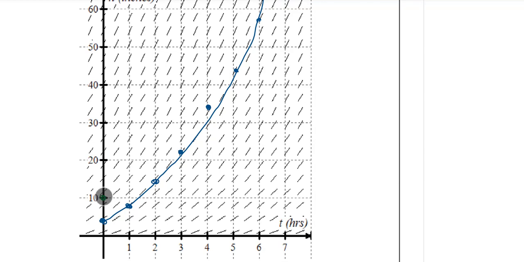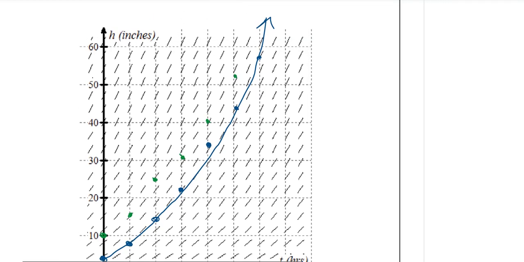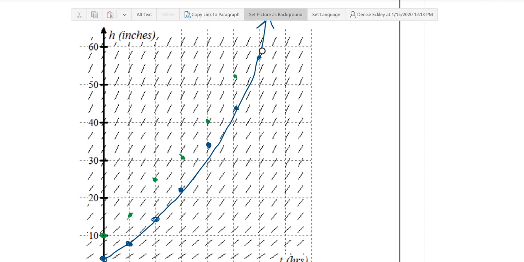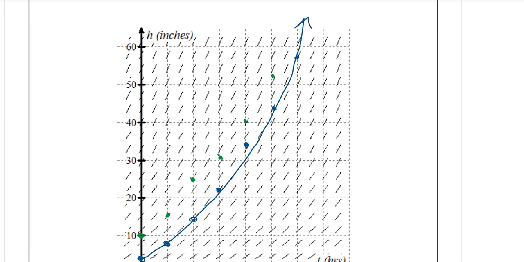What I did is I just started here at 10 and I just shifted it up using the same rates. So I'm at 4. Move this down a teeny bit. So my last one is right up there.